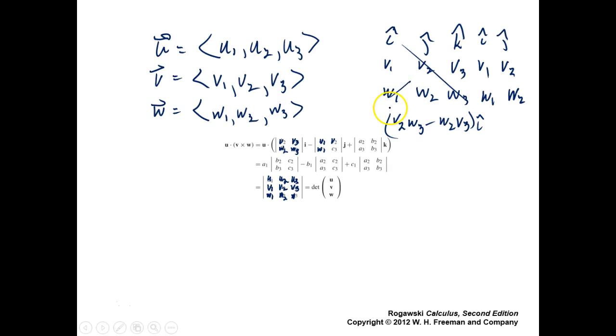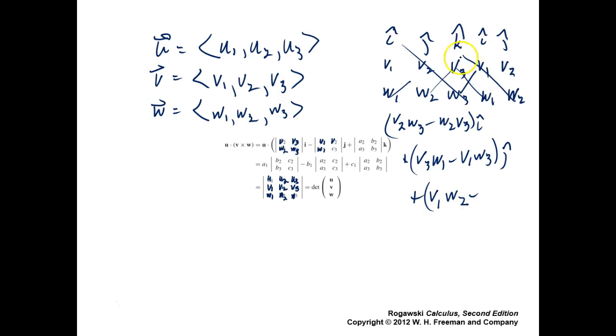You subtract those two. Okay? And then the J's are V3W1 minus V1W3 J plus V1W2 minus W1V2 K. Okay?